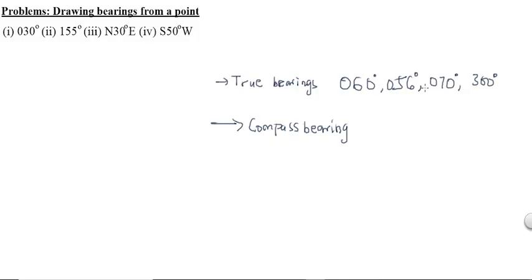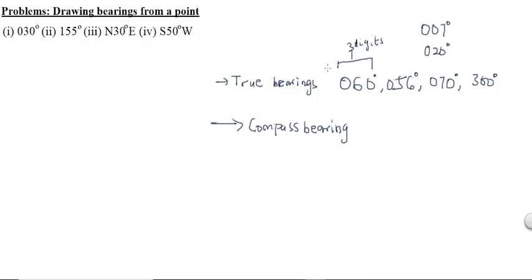In true bearings, you are likely to see pure numbers. So true bearings are normally made up of 3-digit numbers. If you have something like 7 degrees, you write it as 007 degrees. If you have something like 20 degrees, write it as 020 degrees.